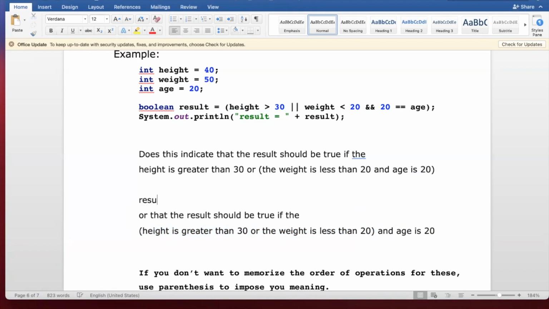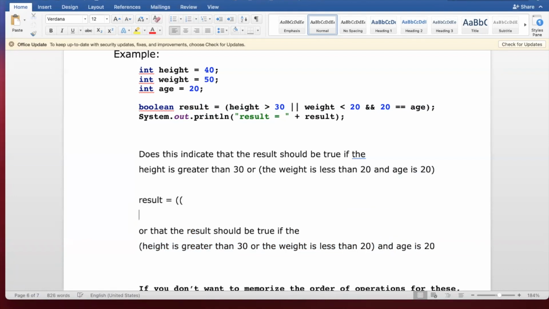So again, we might write that as result equals, we're trying to capture the fact that we want the result to be true if the height is greater than 30 or both the weight is less than 20 and the age is equal to 20. We would write it with extra parentheses around that second sub-expression, so that we make sure to combine those second two criteria before we bring them together with the or operation.